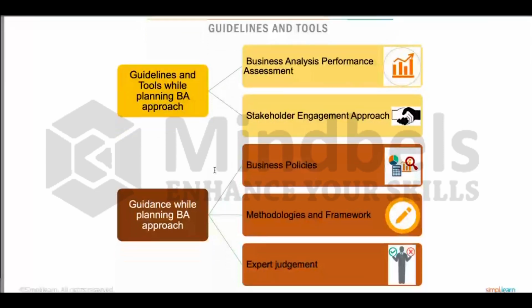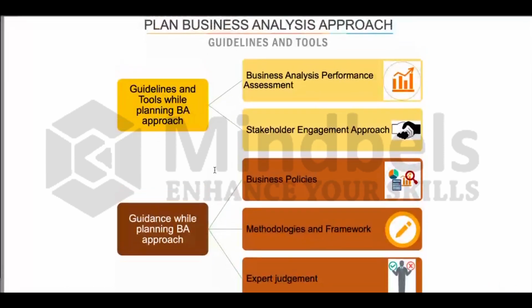Now, guidance while planning BA approach: business policies, methodologies, framework, and expert judgment. So you always have to seek some guidance, okay? Because we also know the work we are doing, but it doesn't stop there, because guidance is required. Why?